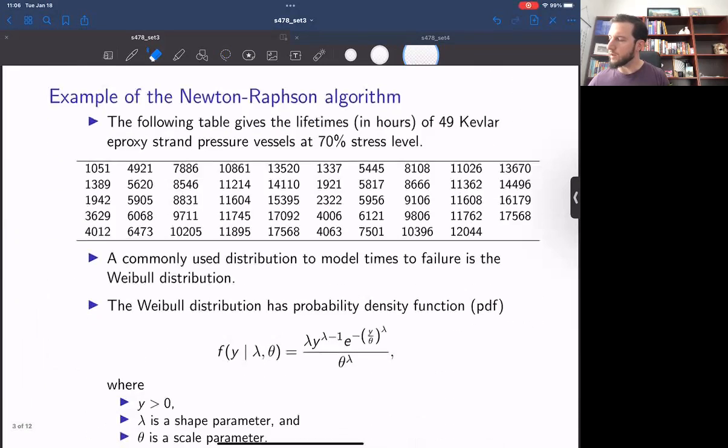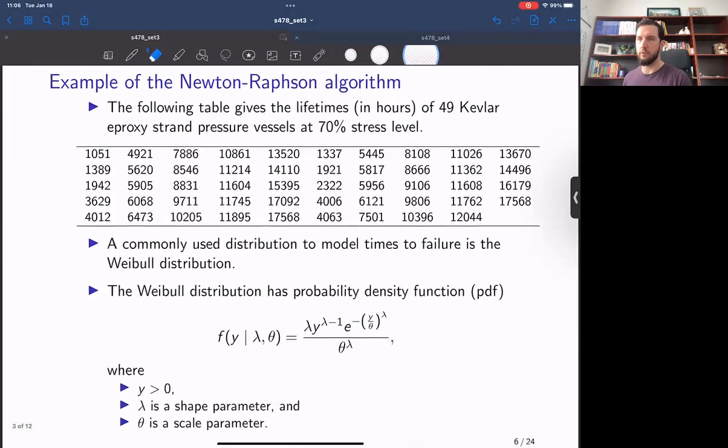What we started working on last class was an illustrative example of how the Newton-Raphson would actually unfold in practice. We have a Weibull distribution, the density of which is shown on slide 6.